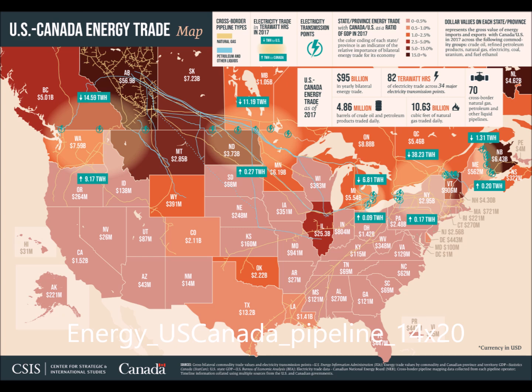This image features icons representing the cross-border pipeline types, natural gas, petroleum, and other liquids at the top left, providing a visual indication of the transportation methods used for energy exchange, and the economic significance and infrastructural elements of the U.S.-Canada energy trade, highlighting the relative importance of this trade to the economies of individual states and provinces, while providing visual and quantitative information about pipeline types and electricity transmission.